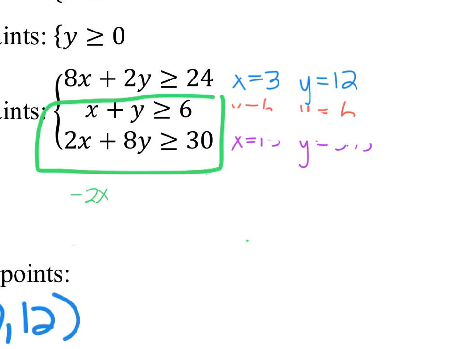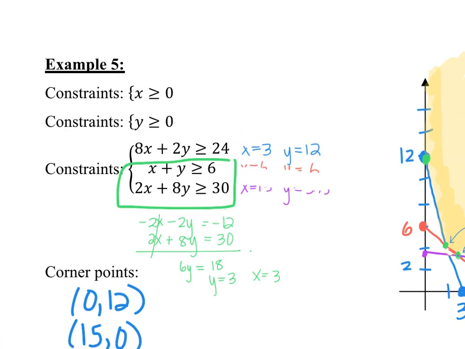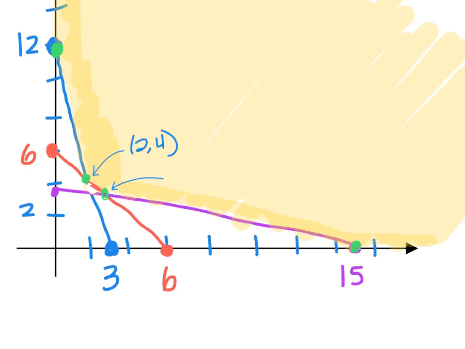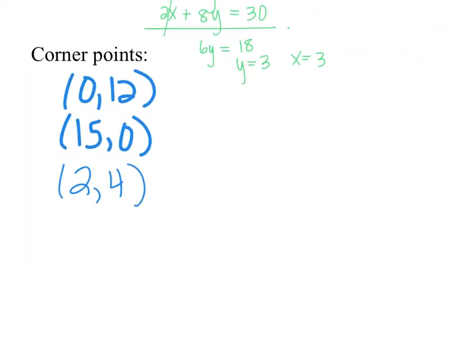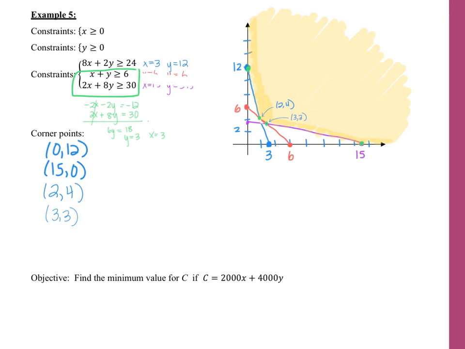So -2x minus 2y equals -12, and then 2x plus 8y equals 30. So eliminate the x's. I'll get 6y equals 18. So y must be 3. And if y is 3, then x is 3. So this point right here is the intersection point 3, 3. All right, so now we have our 4 corner points.